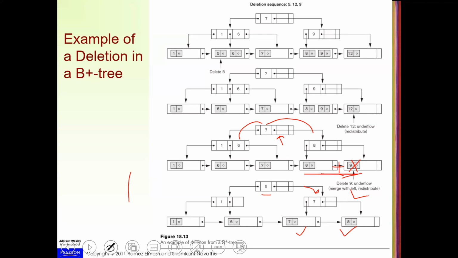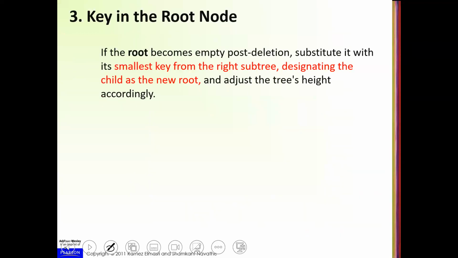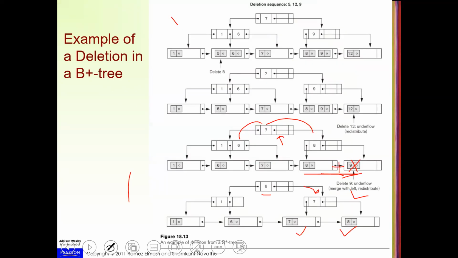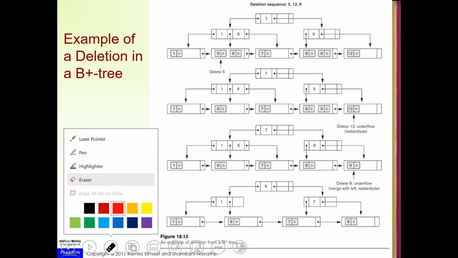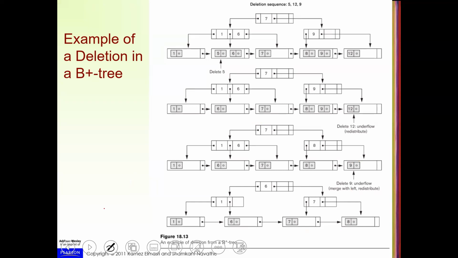Okay, so let me explain the different cases here. This problem was asked in the midterm exams: given a set of numbers to be removed from the B plus tree, and the tree structure is given to you.